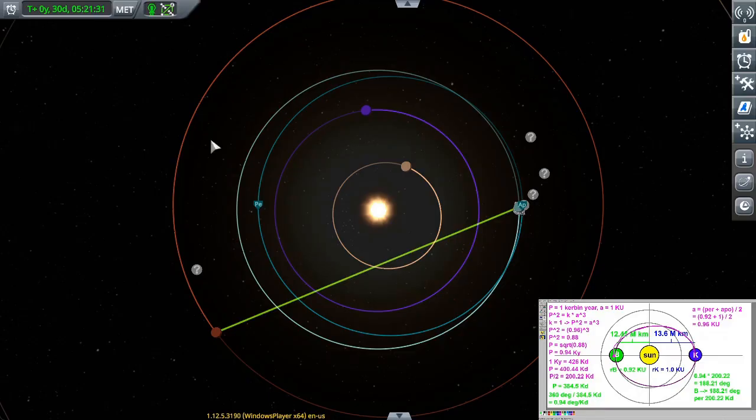Alright, so this is where Bill Kerman should be, right? Because it's 180 degrees, so a semicircle this way, and then plus 8 more degrees.